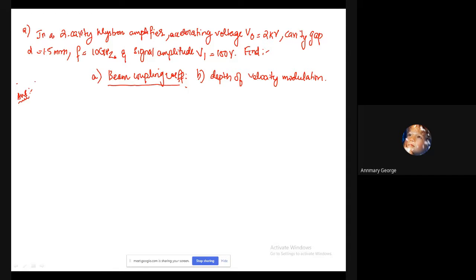Please find the value of beam coupling coefficient. What is beam coupling coefficient?